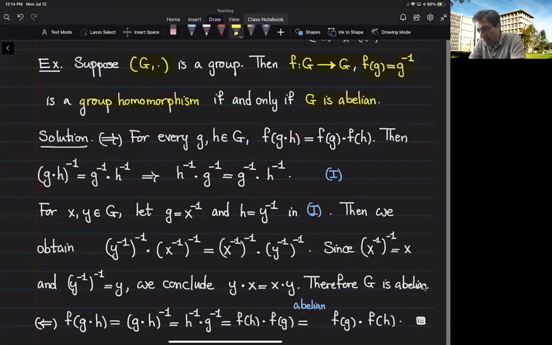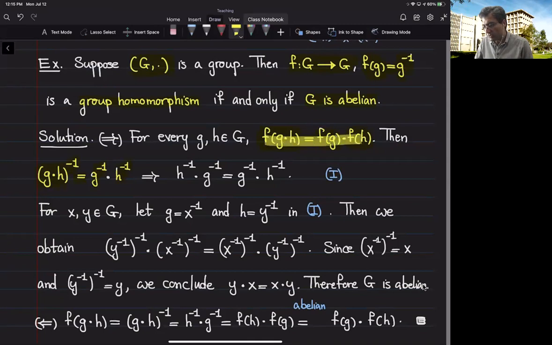So I start with the assumption that f is a group homomorphism, and I want to show that G is abelian. But let's recall what it means for f to be a group homomorphism. f being a group homomorphism means f of g dot h is the same as f of g dot f of h for every pair of elements g and h inside the group G. Now, by definition, f of g dot h is (g dot h) inverse, and f of g is g inverse, and f of h is h inverse.